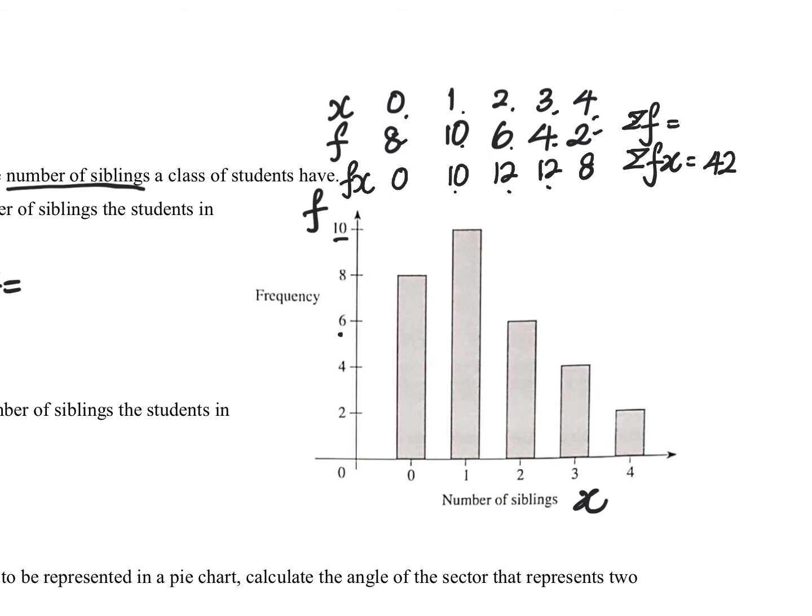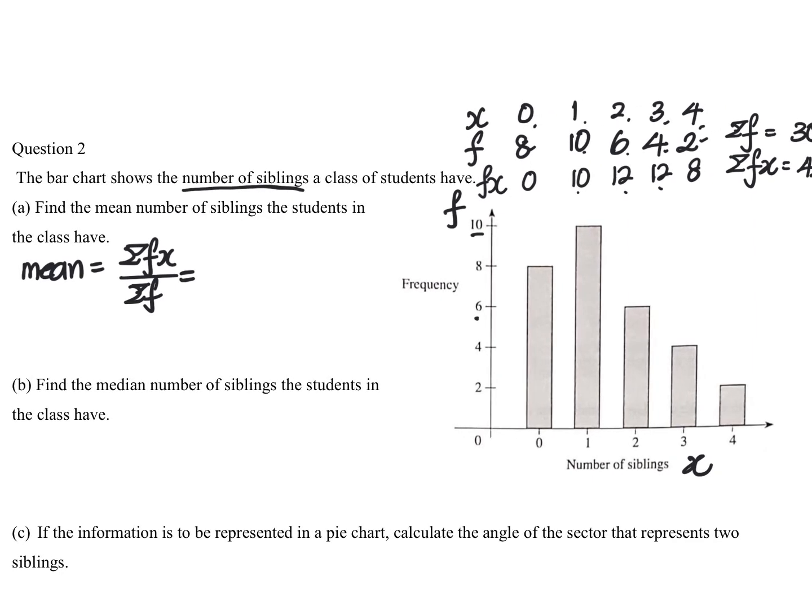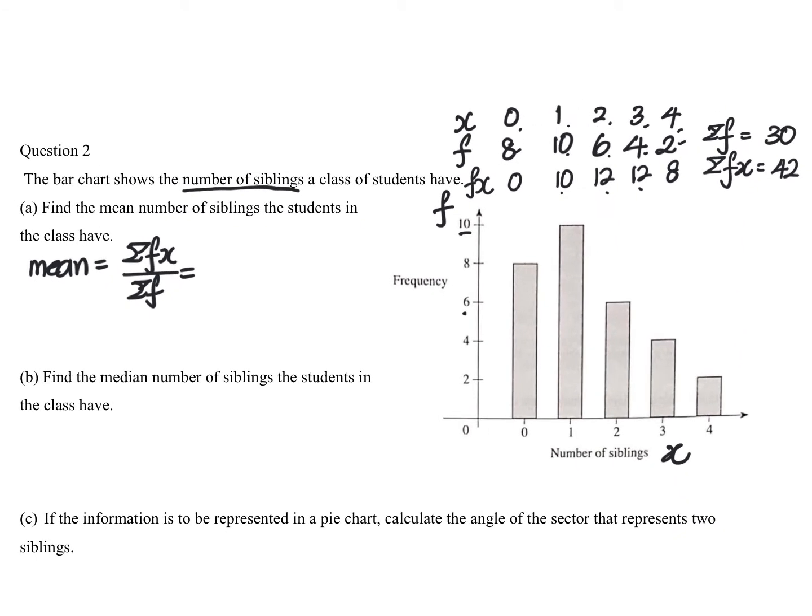The total frequency is 8 plus 10 plus 6 plus 4 plus 2, which is 30. So how do we find the mean? In this case, the mean will be 42 over the total frequency, 30.